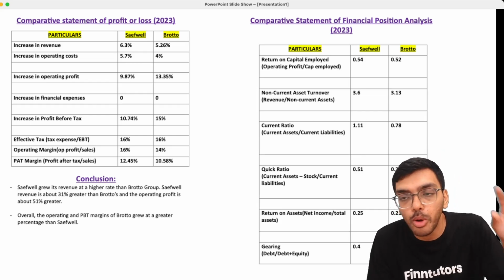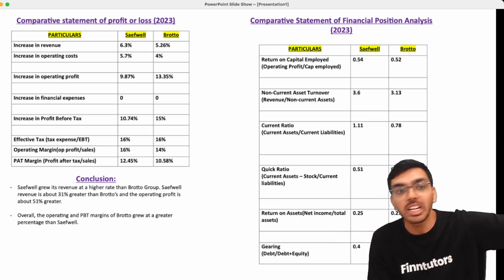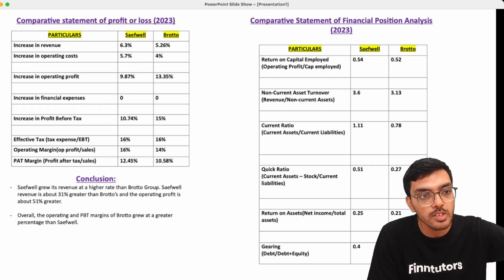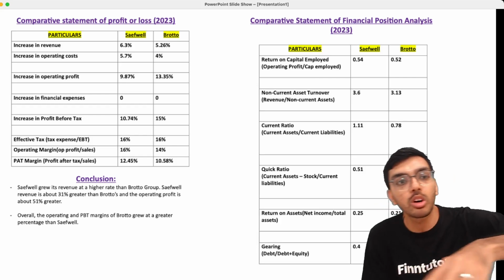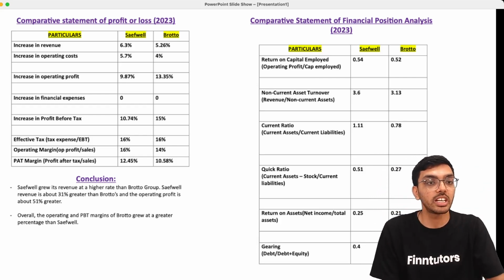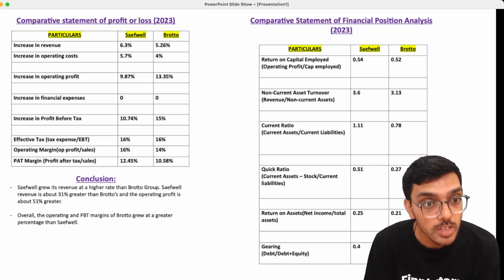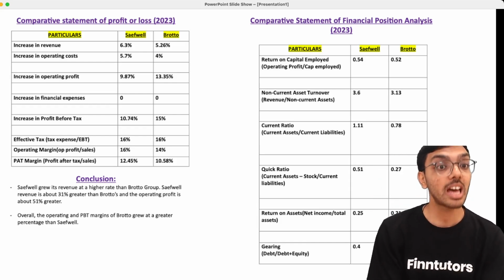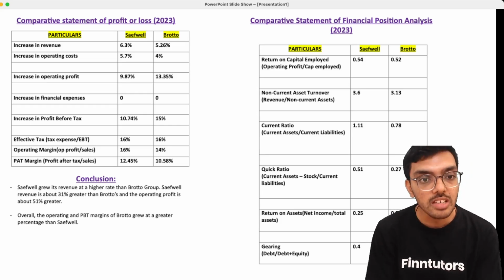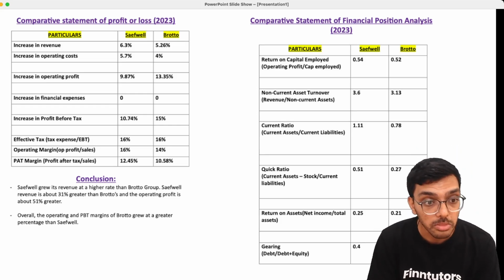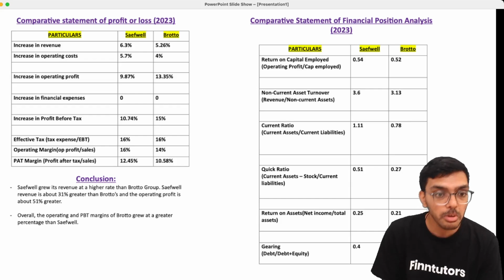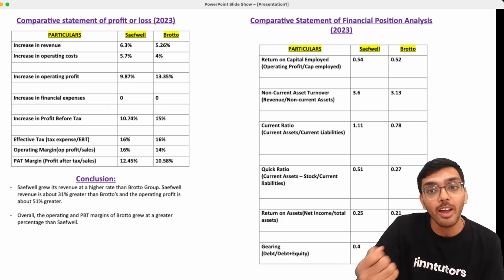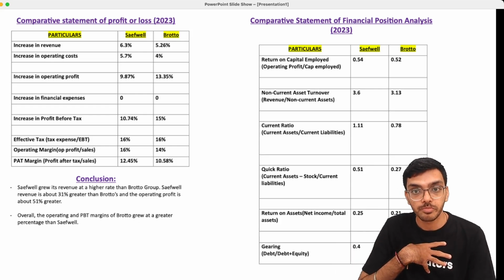Or maybe Brotto is focusing on more profitable products, like intelligence-led services, where we are focusing more on revenue generated in security services, in physical security services. Maybe that is why their profits are higher. Their profits are increasing at a higher rate. Something for us to think about. Because everything else is pretty standard except for these two very clear eye openers for my business.